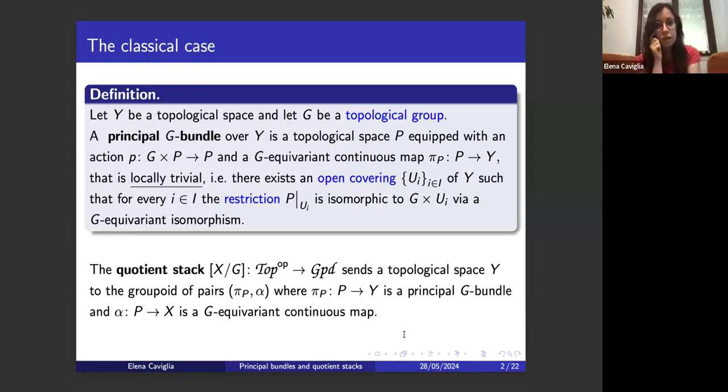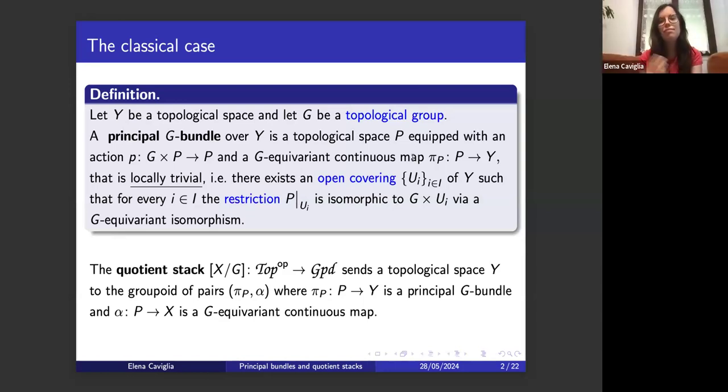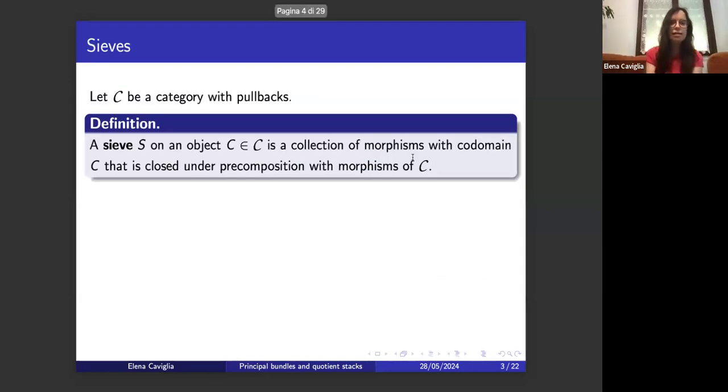So what we are going to do is generalize these concepts in a categorical way. And in particular, to generalize the notion of principal bundle, we'll need to replace the concepts in blue with categorical counterparts of them. But before doing this, let's recall what a site is, so that we have our setting.